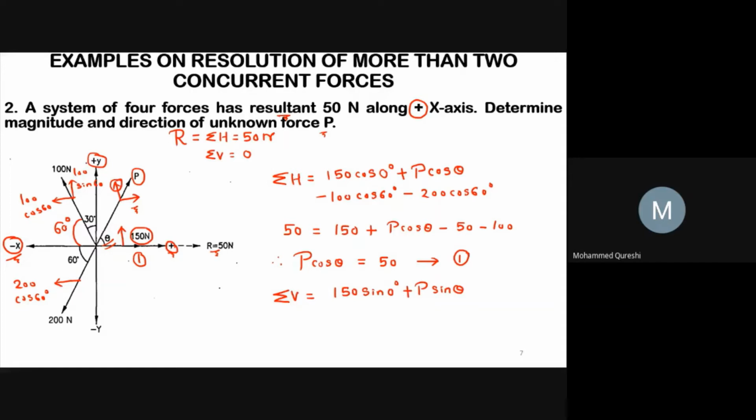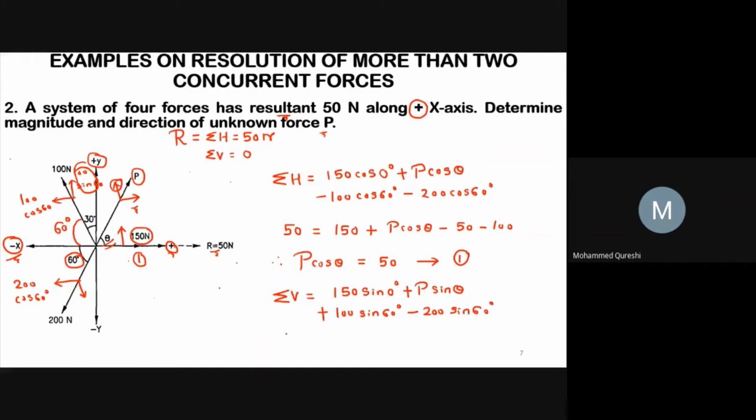Then this component 100 sin 60 degree, going upward, will be positive. Then 200, this force going downward, making an angle 60 degree with the horizontal, and going downward means here it will be minus.